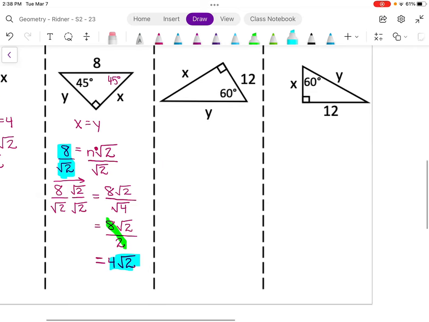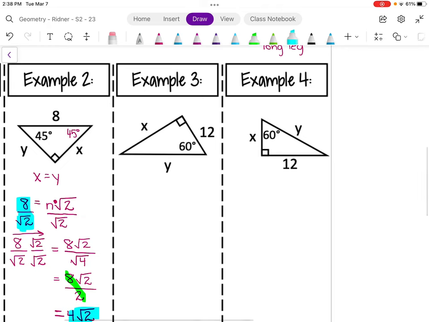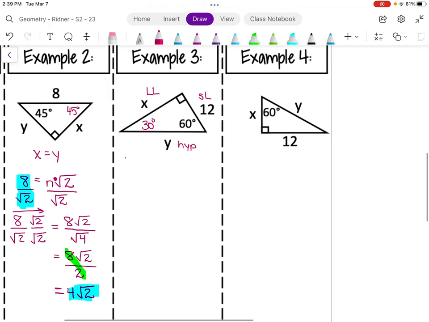All right, let's switch over to 30, 60, 90. So if this is 60, the other one must be 30 because, again, it has to add up to 180. So 60, 30, and 90 add to 180. This is my short leg, this is my long leg, and this is my hypotenuse. So remember, long leg equals short leg times square root of 3.